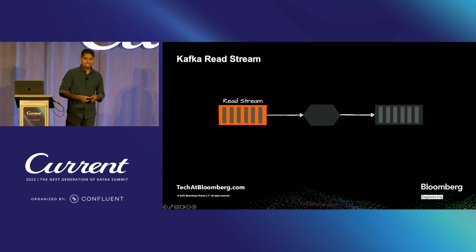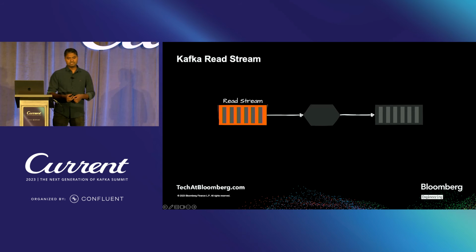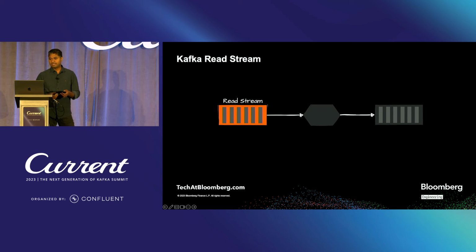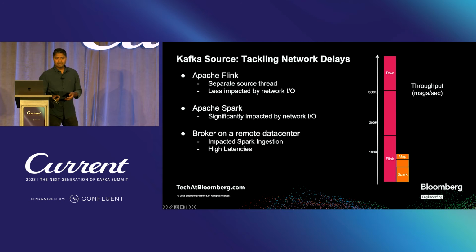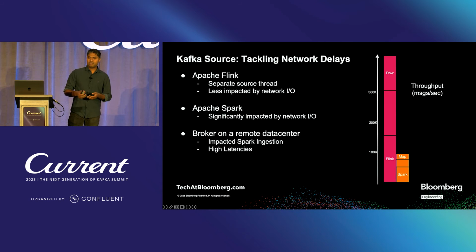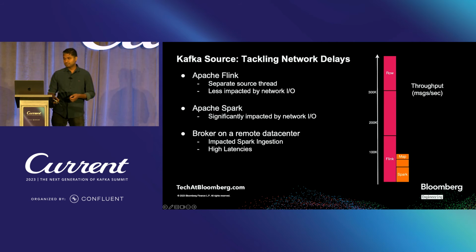Next, we'll look into the read stream, which reads messages from Kafka and sends them to the transformer. In a read stream, messages are read from Kafka brokers on remote servers, and this incurs network I/O. If not properly set up, this could impact your overall performance.